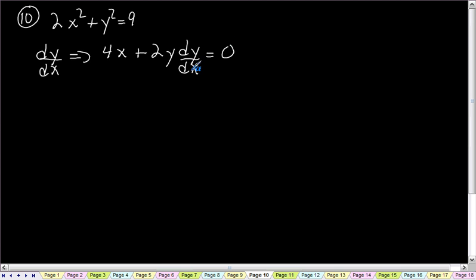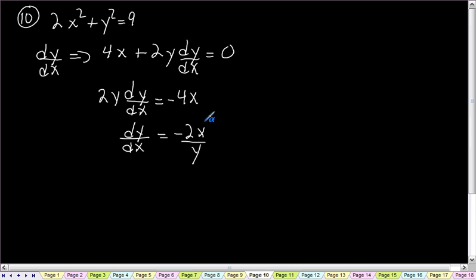I subtract the 4x from both sides, so I'm left with 2y dy/dx equal to negative 4x. Divide both sides by 2y. The 2's cancel out, so I'm left with dy/dx equals minus 2x over y.